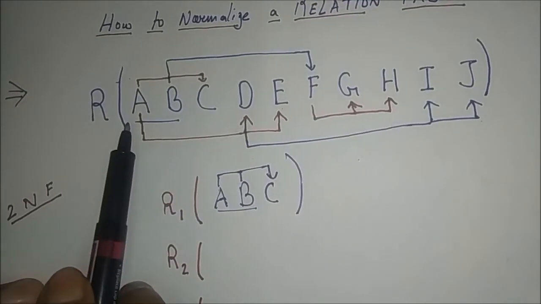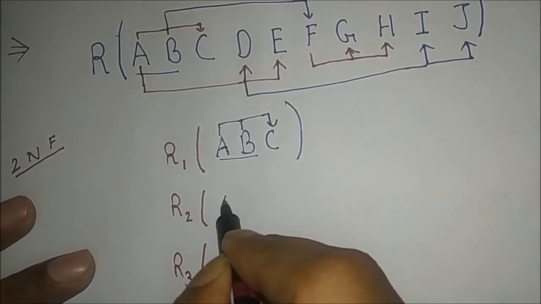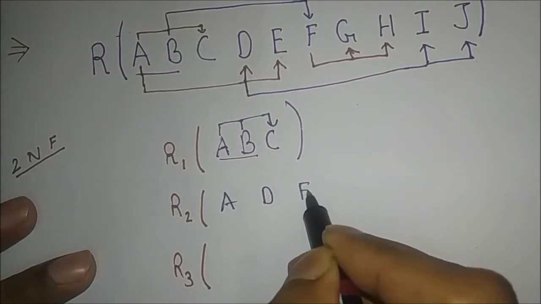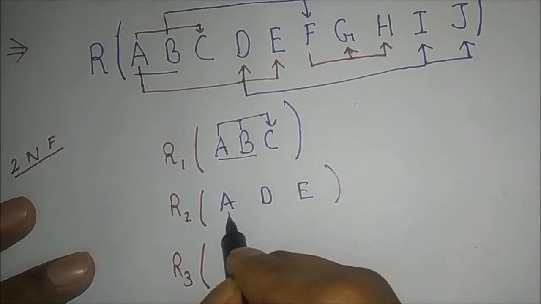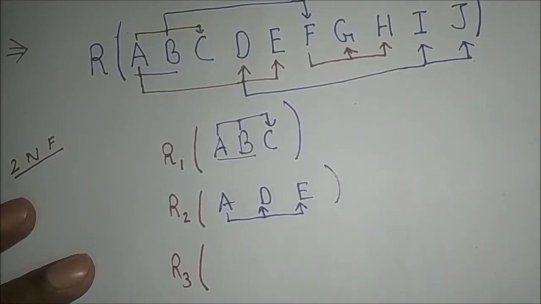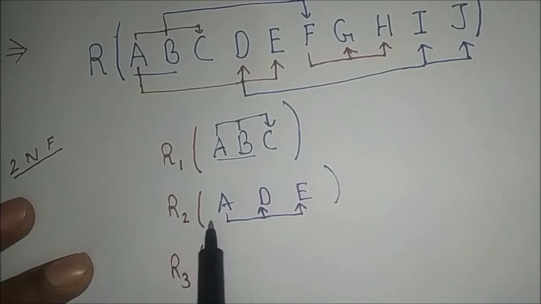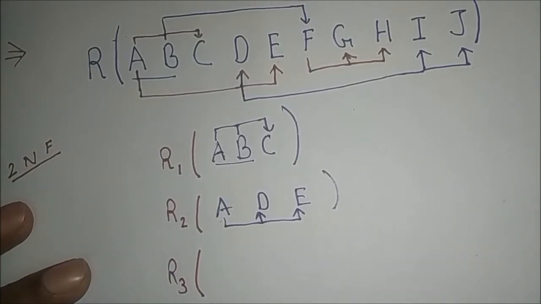But here, D and E are depending on A. So we will write here separately A, D, E. D and E are depending on A. So in this relation R2, A is the candidate key. Now see, we have decomposed this relation R into three relations R1, R2, R3.